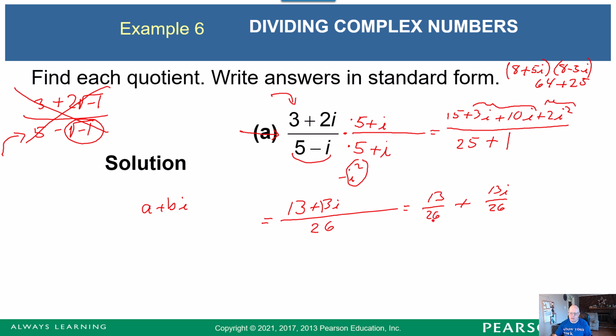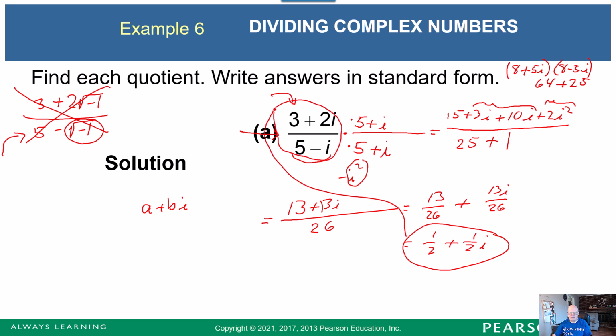Well, 13 over 26 is 1/2 plus 13 over 26 can also be reduced, and we'll have 1/2 i. This, believe it or not, is the same as this. Yes, it's like a Ripley's Believe It or Not, if you're familiar with that.